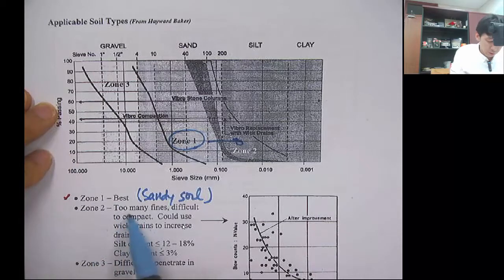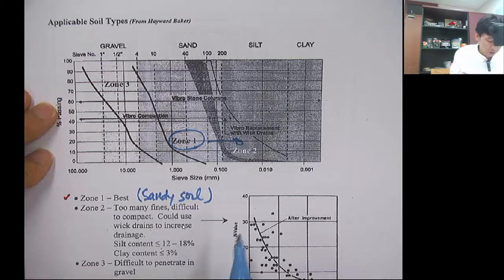In zone 2, too many fines, difficult to compact. Could use wick drains to increase the drainage, but silt content up to 18% and clay content less than 3% is typically used for zone 2. So there's a marginal soil type that this vibral compaction can be used.